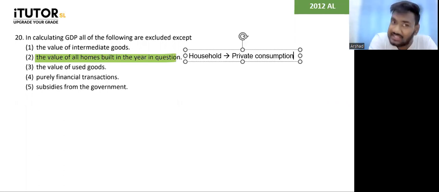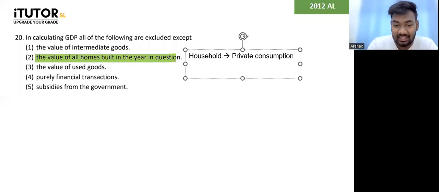But this household spending on building new houses is an exemption. Even though it's the households who are spending, and usually we put that under private consumption, the amount of money spent on building houses is not included under private consumption.